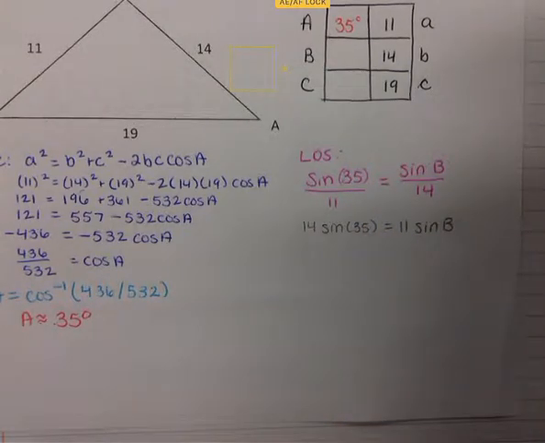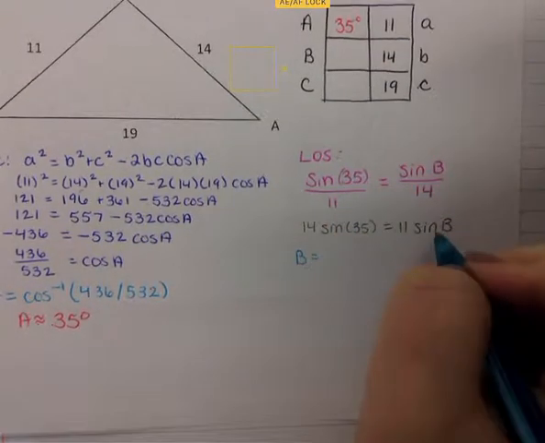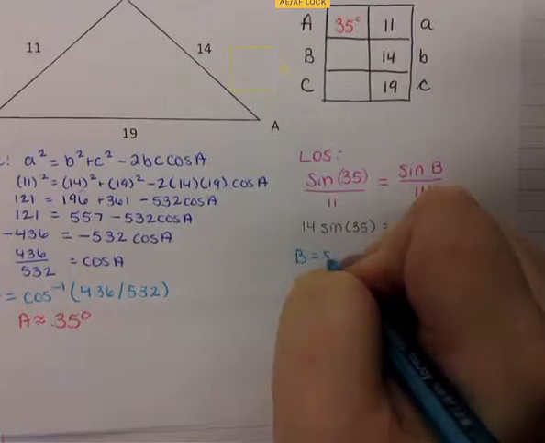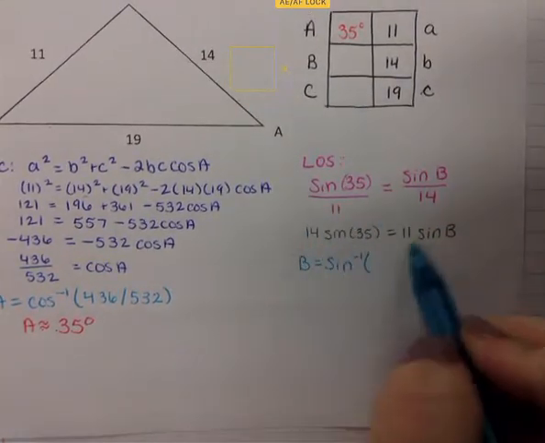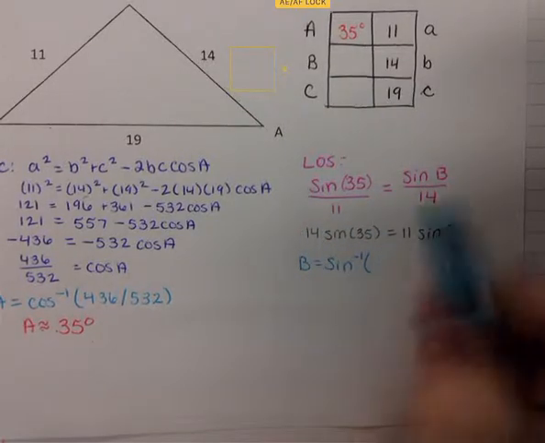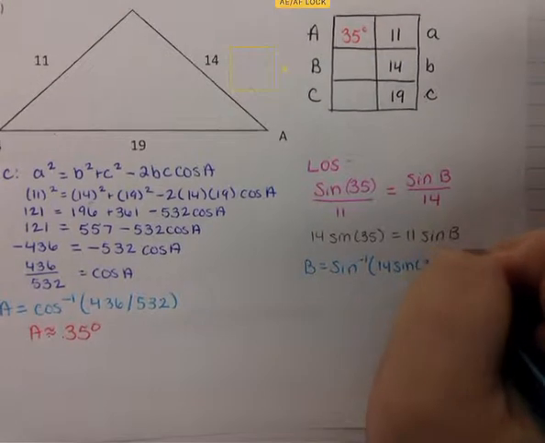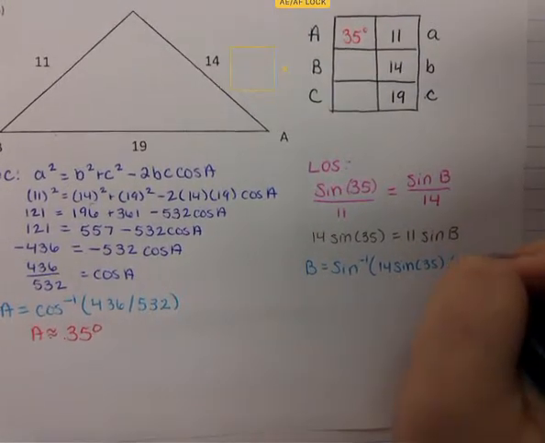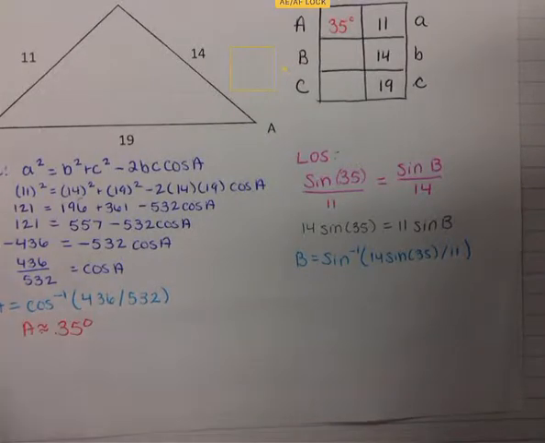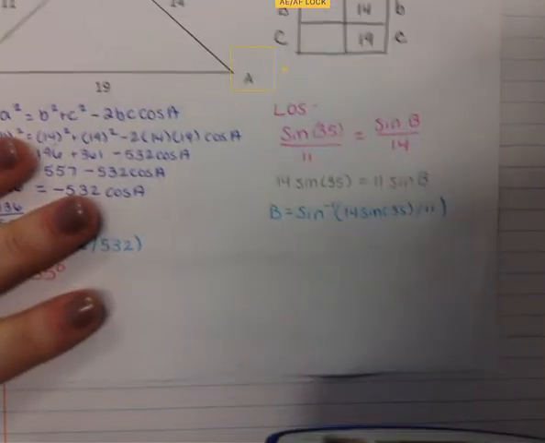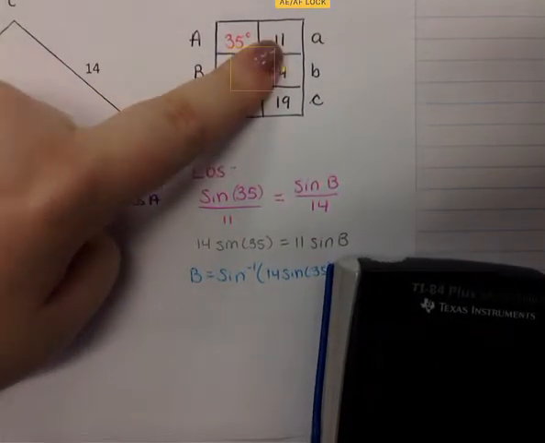So we can actually type that into our calculator. So big B will be, we'll have to take the inverse sine of the entire thing. And then we'll just type in the actual fraction. So this would be our numerator, the 14 sine of 35, and then our denominator would be 11. So I need to close my parentheses after that. Now, typing this in, hopefully this will be an acute angle, and it will be bigger than 35, because 14 is bigger than 11.